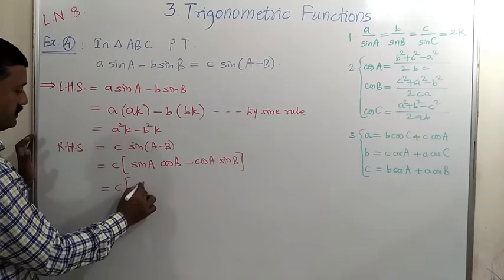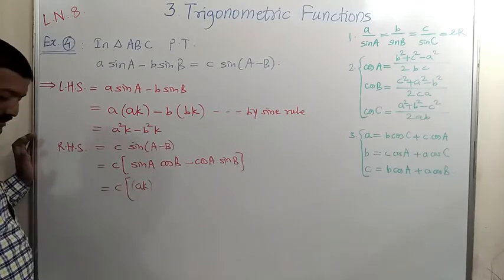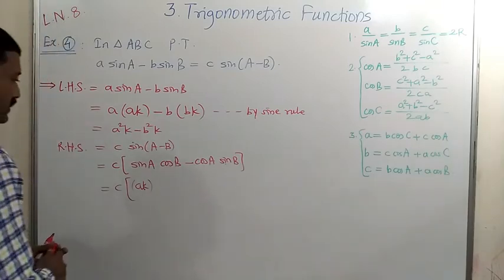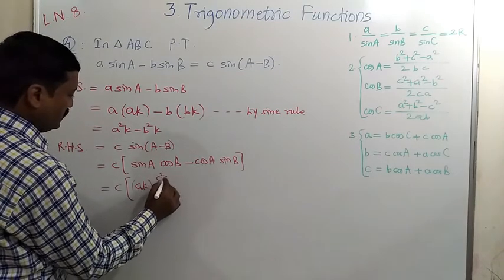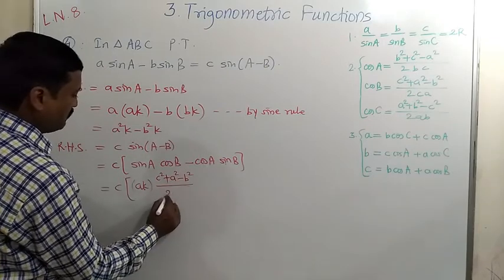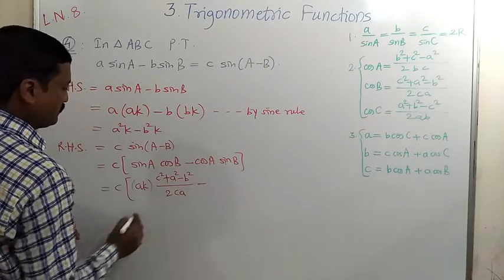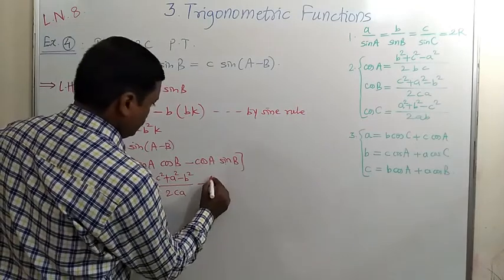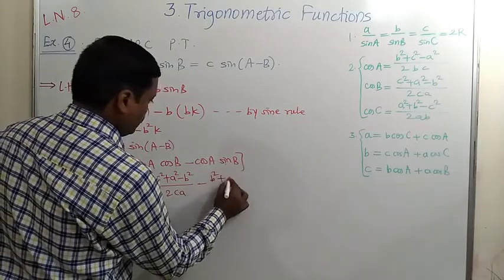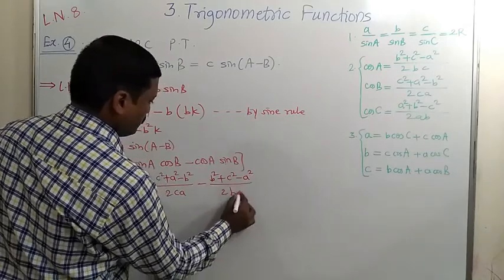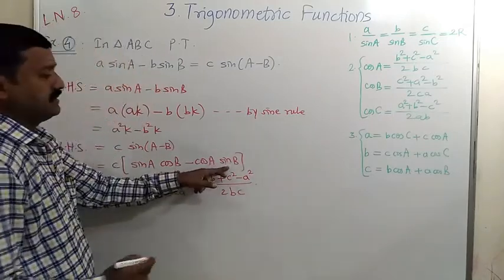Sin A is 1 upon 2R, that is AK, cos B is equal to C square plus A square minus B square upon twice CA, minus cos A is B square plus C square minus A square upon twice BC into sin B is BK.